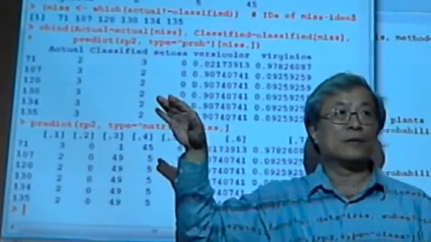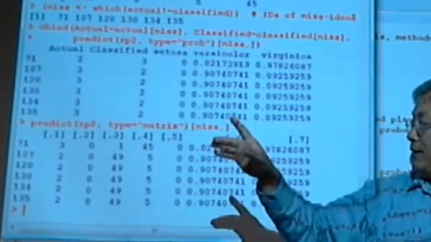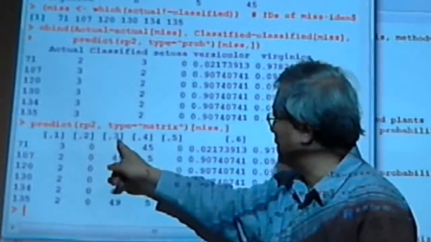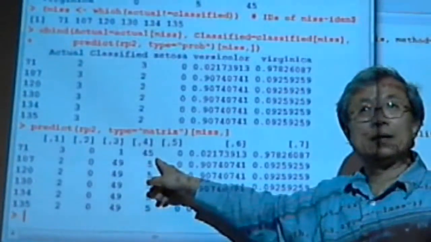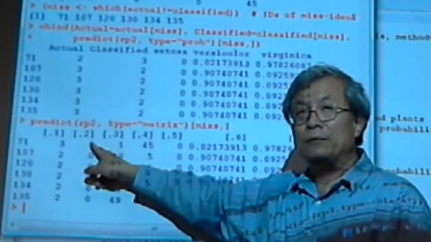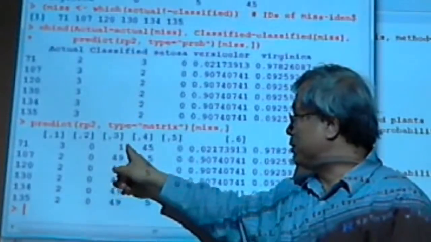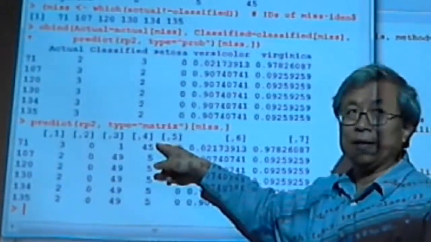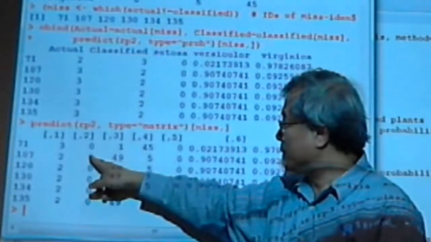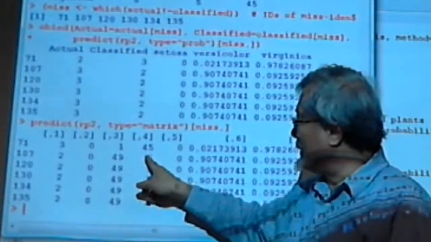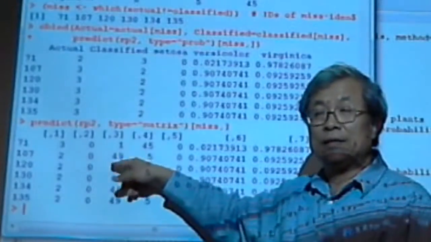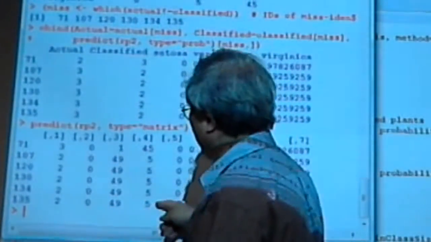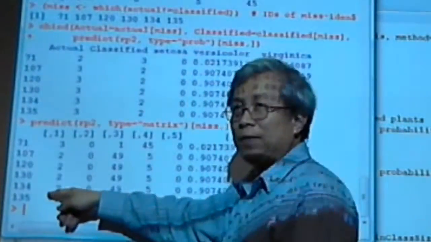I mentioned this is a combination of the previous, right? Including the vector. Where is this vector? Right here. This is the vector part. This is the frequencies for that class: 0, 1, 45, and that's why we classify as Virginica for this one. And here this class frequency is 0, 49, 5. So that's why this one is classified as Versicolor. So here these are the frequencies, and then here this is the classified membership.